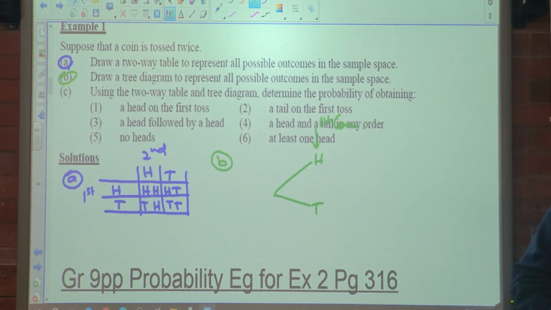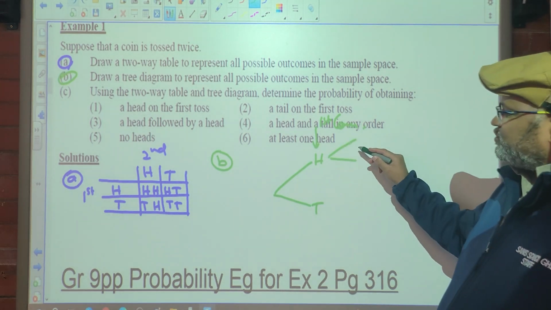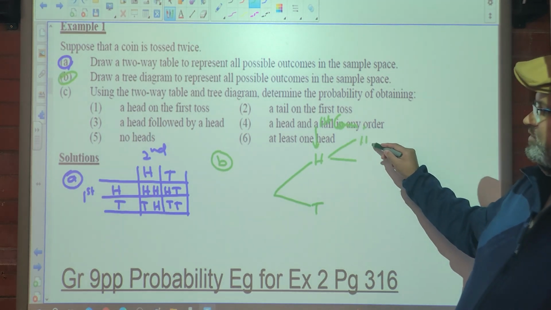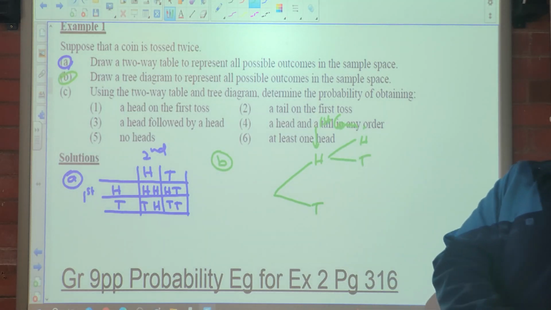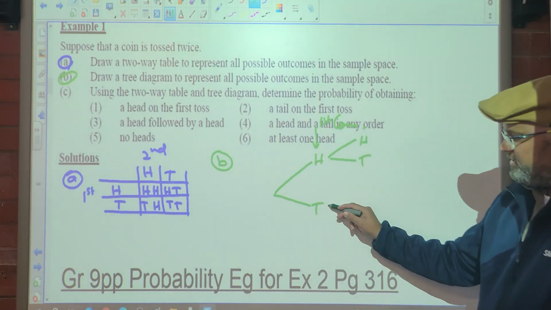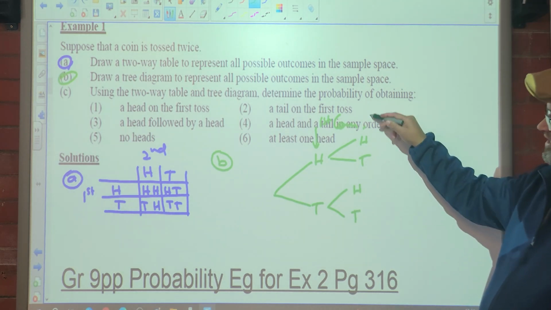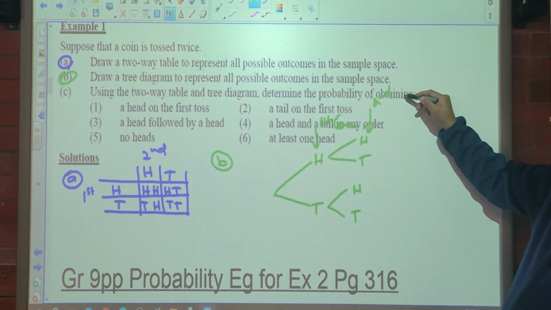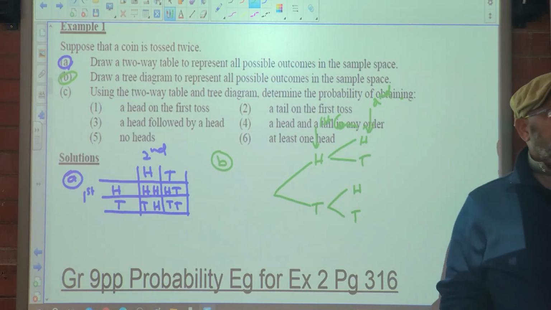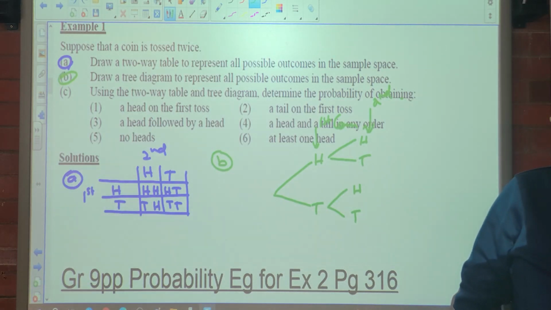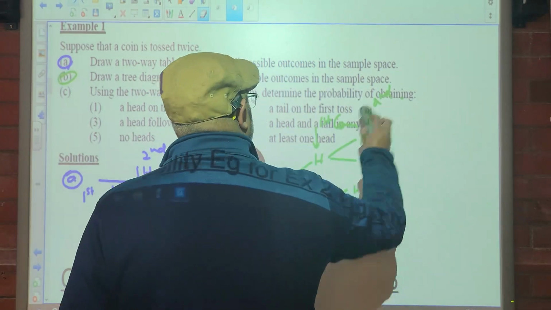So if you toss heads on your first toss, then on the second toss it could be heads or tails again. If I toss tails on my first toss, my second one could either be heads or tails. And this is your second toss or second coin. You guys understand?